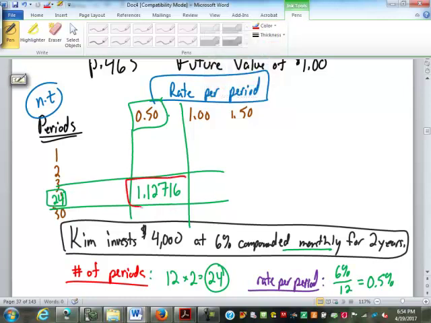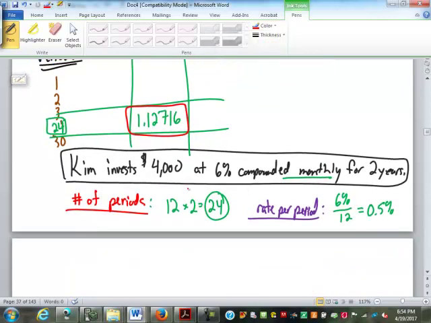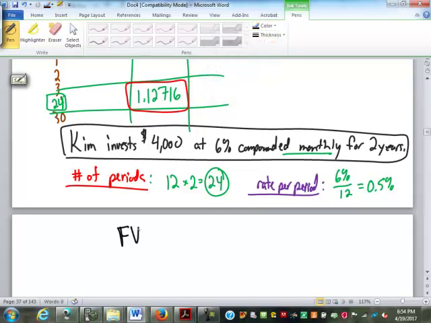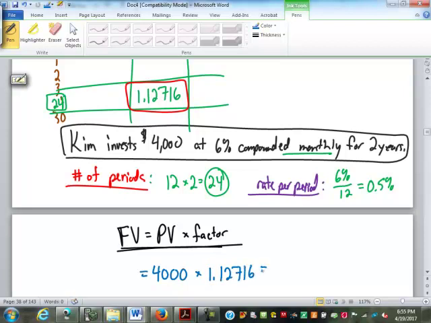What do we do with this factor? Well, the future value is equal to the present value times the factor when we use the table. So we're looking at 4,000 times 1.12716.